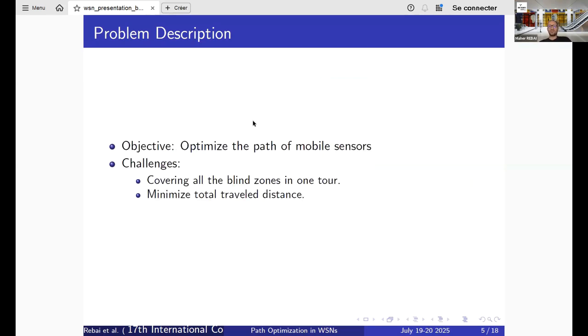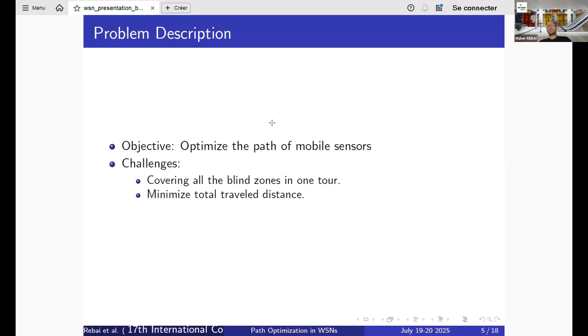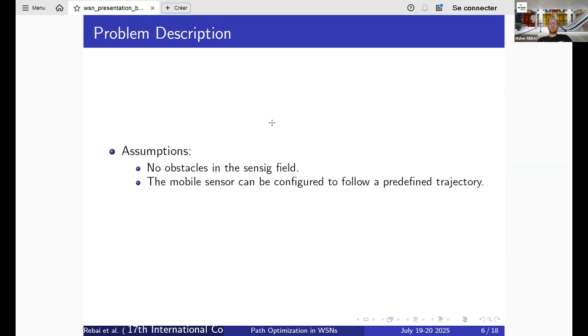That means the sensor can move from any position to any other position without any problem. And we also assume that the mobile sensor can be configured to follow a predefined trajectory.